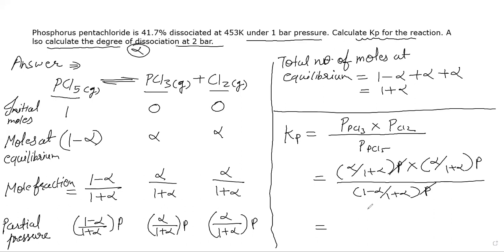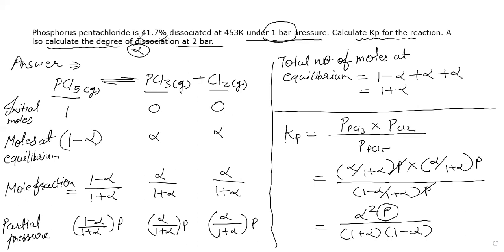Kp equals alpha square P divided by 1 plus alpha into 1 minus alpha. Now this P indicates total pressure, which is given here. The total pressure is 1 bar. Kp value we need to find out.